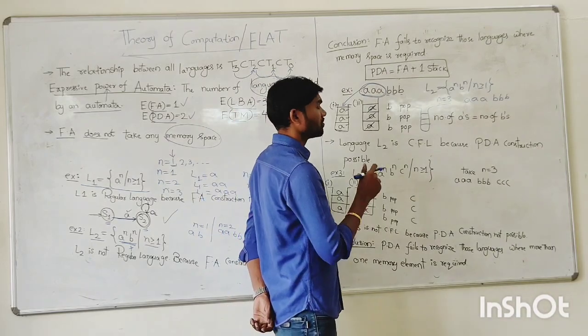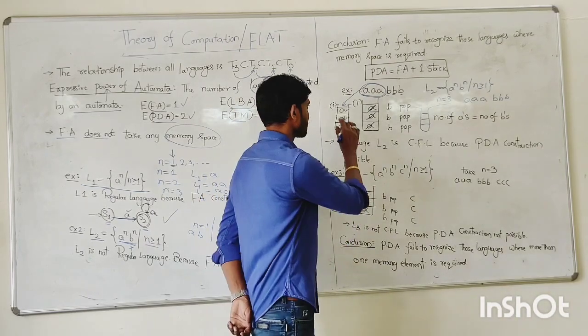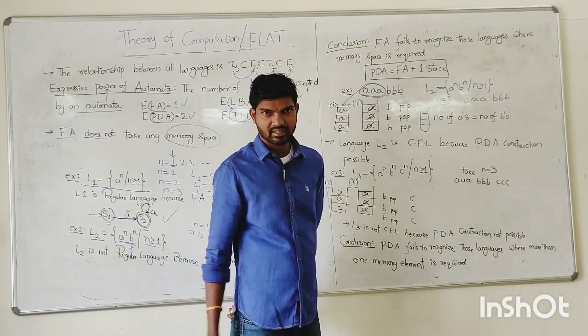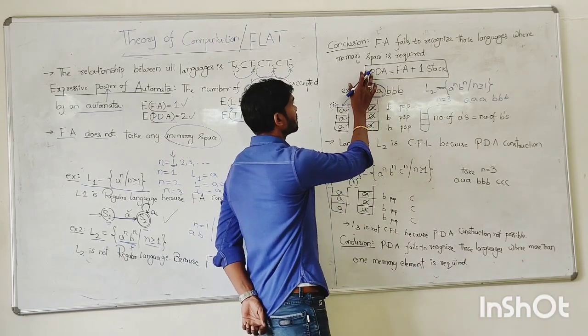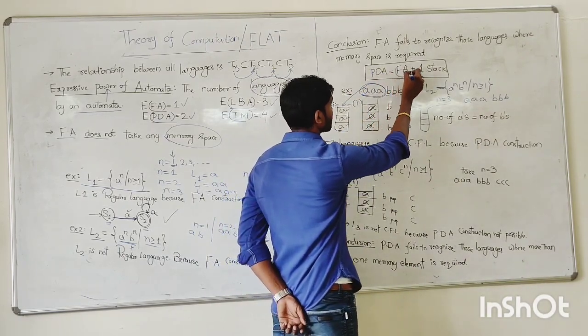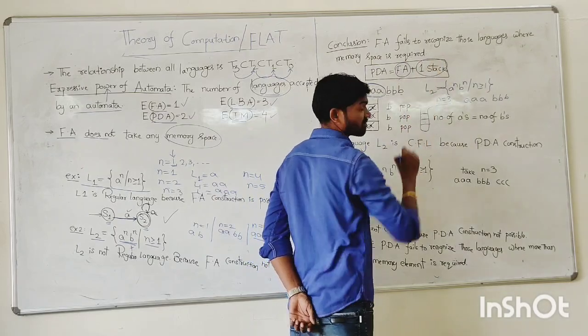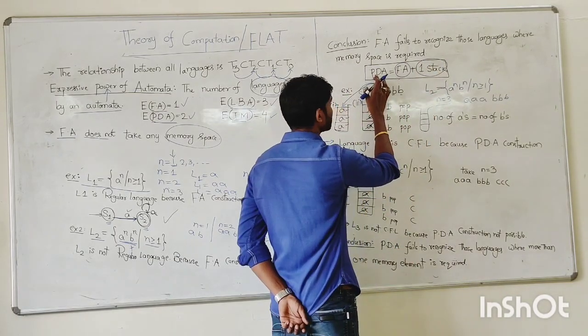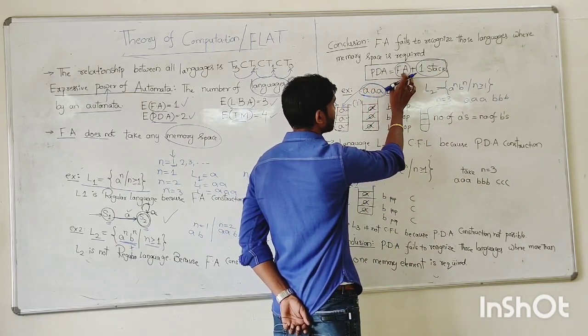So here one memory space is required. What is that memory space called? A stack is required. So for the finite automata, we are taking one extra stack. So what is a pushdown automaton?